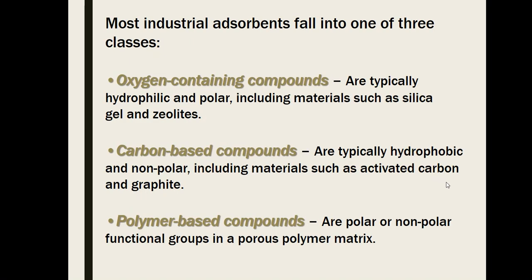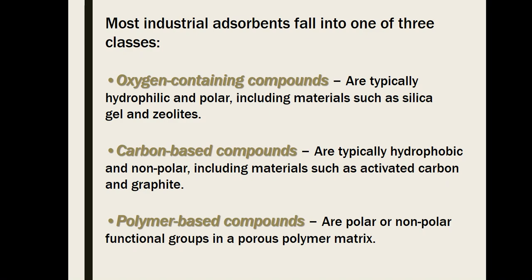Now, most industrial adsorbents fall into one of these three classes that you are seeing on your screen. One is oxygen-containing compounds. They are typically hydrophilic and polar, including materials such as silica gels and zeolites. The second one is carbon-based compounds.